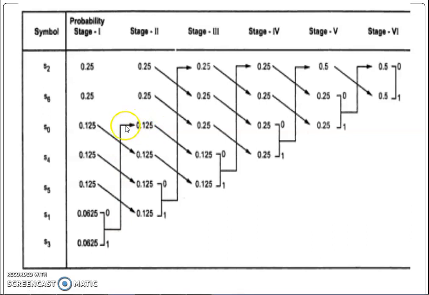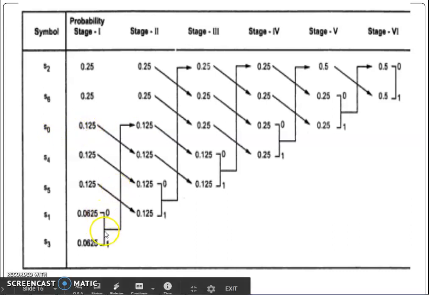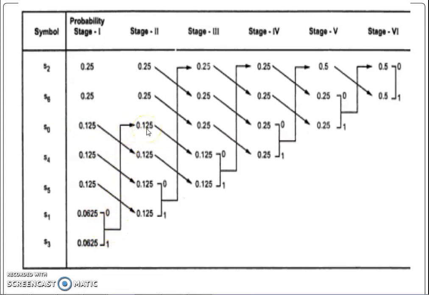In the first stage, symbol S0 also has the probability 0.125, but I keep the sum on top of this second column, and the remaining entries are simply shifted down and stay as they are.